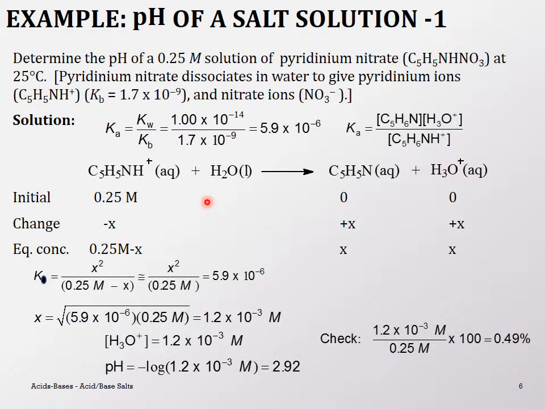We are given the Kb because Kb is for pyridine. If Kb is given, we have to calculate Ka, because we are being asked to calculate the pH of the solution.